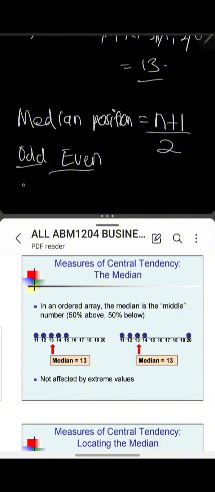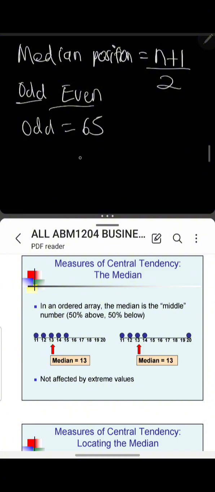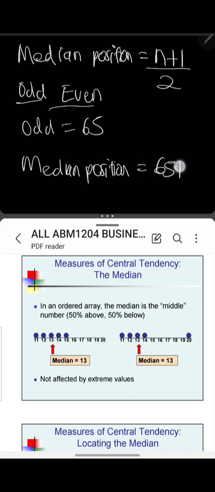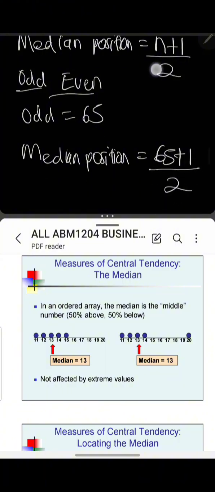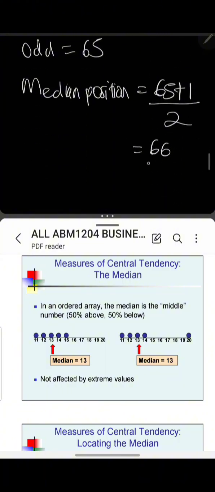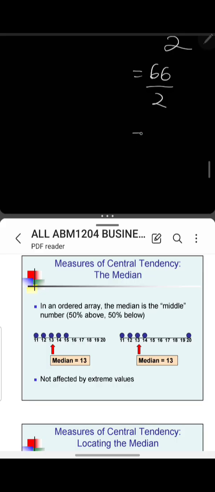So let's take an example of an odd scenario. Let's say we have a very big data set of maybe 65 items, and they want us to find the median. The median position will be 65 plus 1 divided by 2, which is 66 divided by 2, which is the 33rd position.